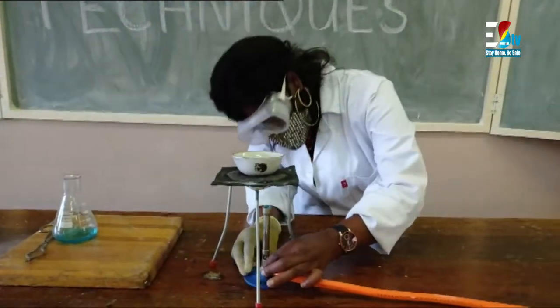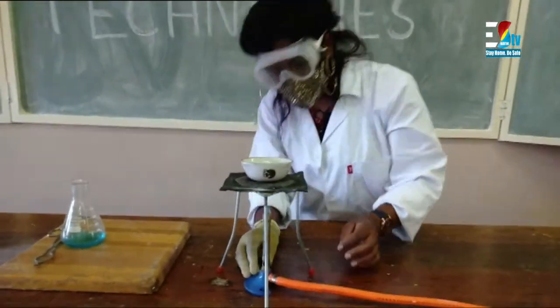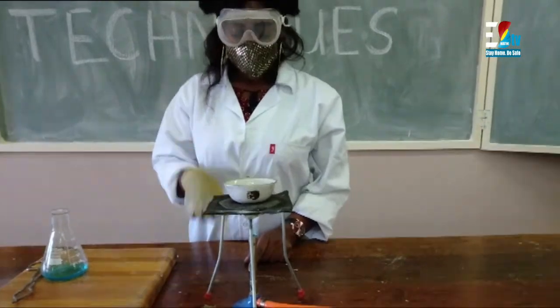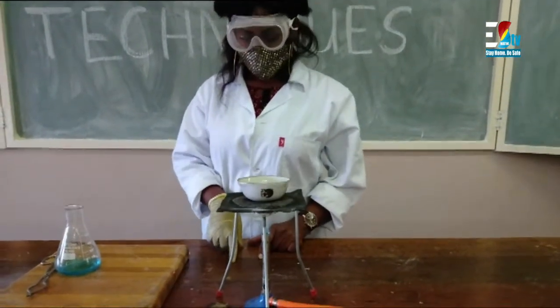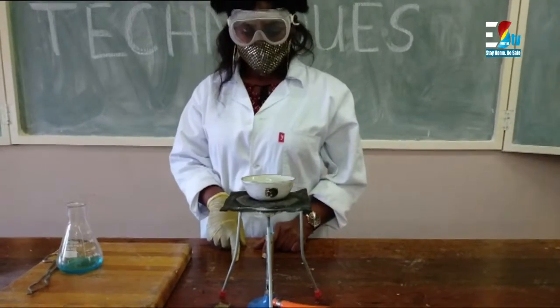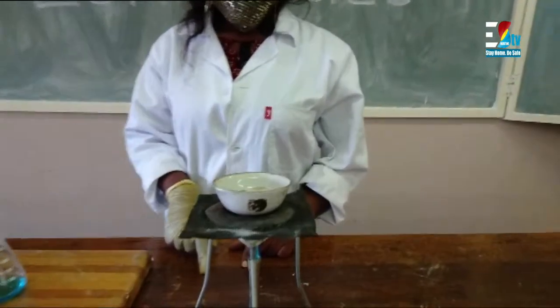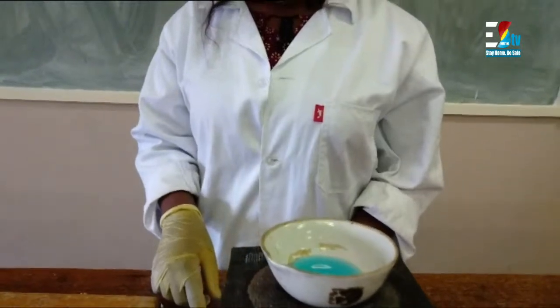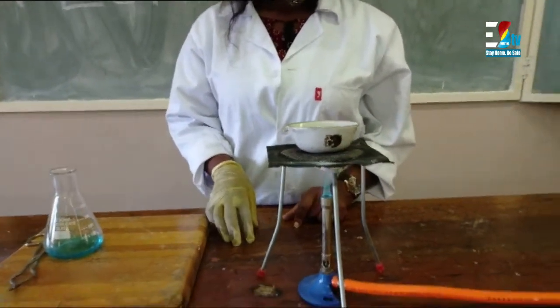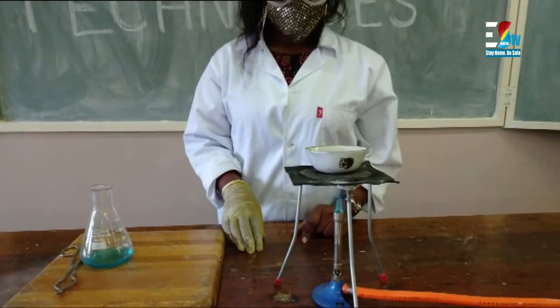And then now we want to gently heat so that only some of the solvent is evaporated. Remember, crystallization or slow crystallization is about getting the solute in a texture of crystalline form. So we need to be careful that we do not heat or we do not evaporate all of the solvent.